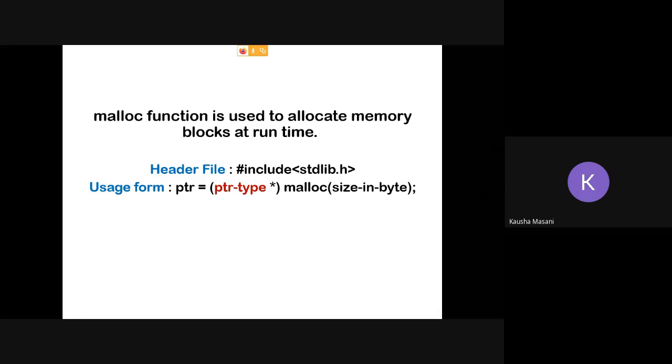The pointer which is pointing to the memory block which you have reserved using malloc is of type void, and we have to typecast that pointer from void to the data type for which we are storing the data here.